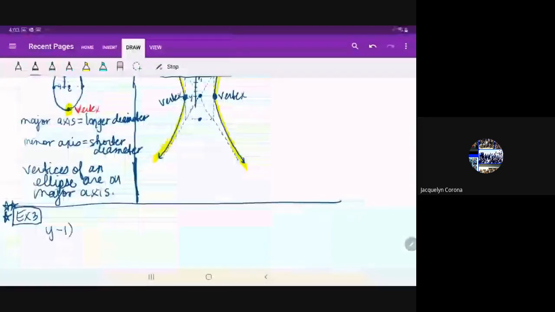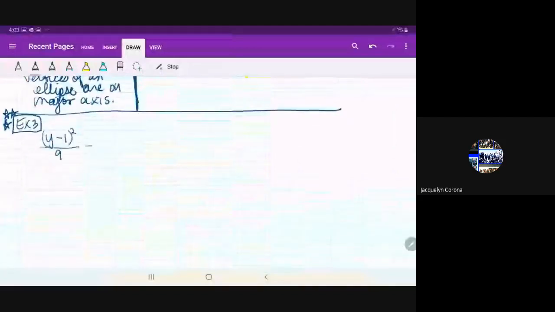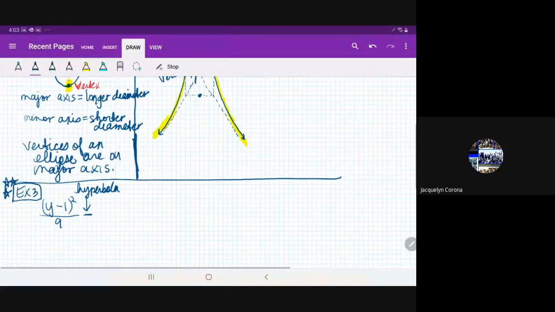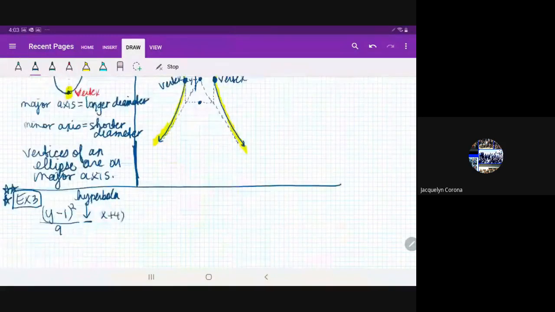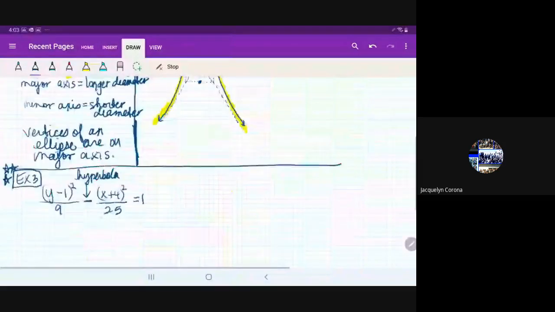So y minus 1 squared over 9. Minus has to be a minus or it's not a hyperbola. So it has to be a minus in the middle. And then x plus 4 squared. So we're going to say what happens if the x's and the y's were in a different position? Equals 1. So I believe that's the same thing. But I just changed x and y.